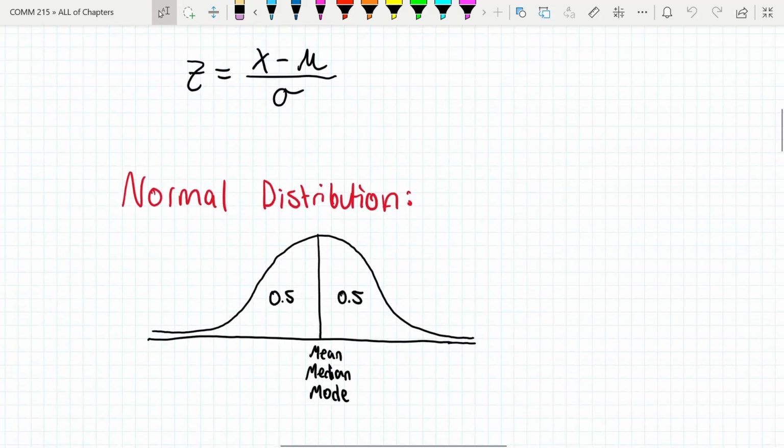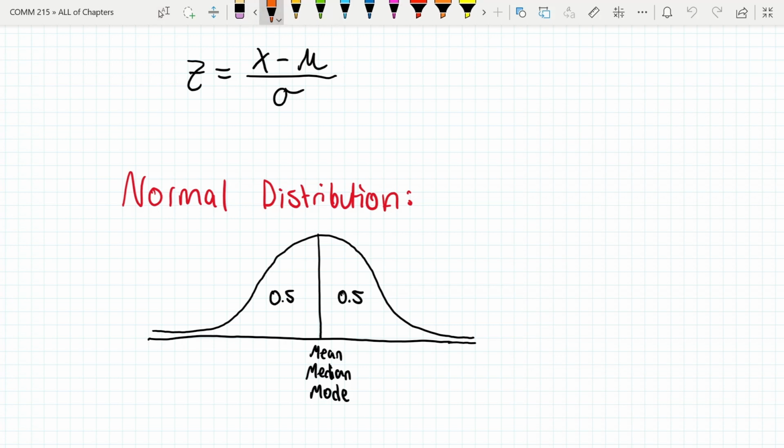Our normal distribution, this is what it looks like. It's always going to look like this, since a normal distribution always looks the same if it's perfectly normal. The 0.05 on the left and on the right shows how a normal distribution is perfectly symmetrical. And you'll find that the mean, median, and mode are always at the center.